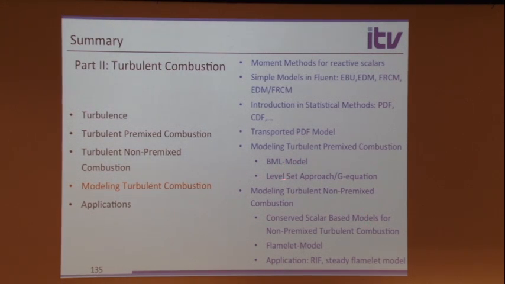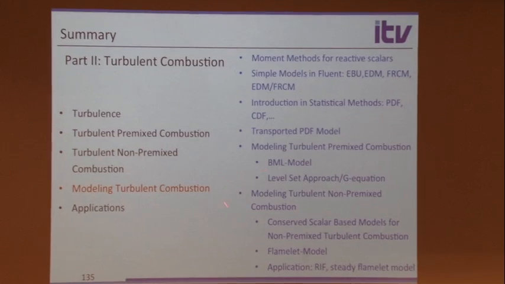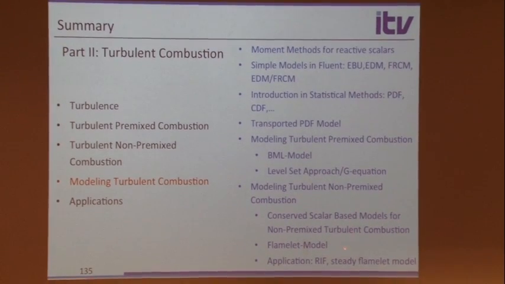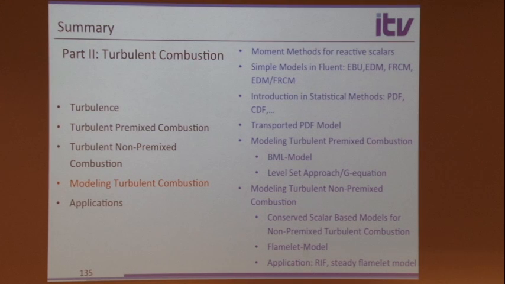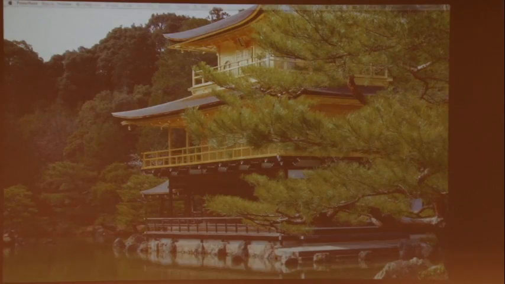And then we talked about non-premix combustion, particularly these conserved scalar-based models, and we looked at some of the applications for these two different groups, unsteady flamelet models and steady flamelet models. Okay, so we're at the end.